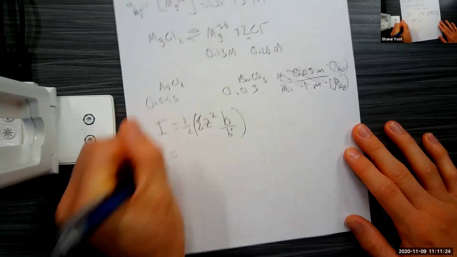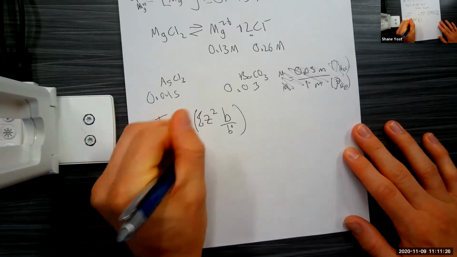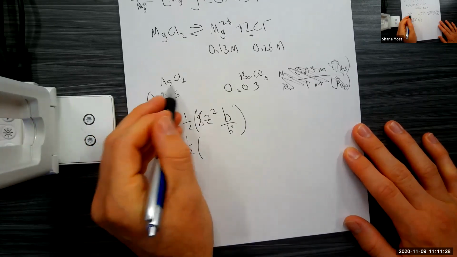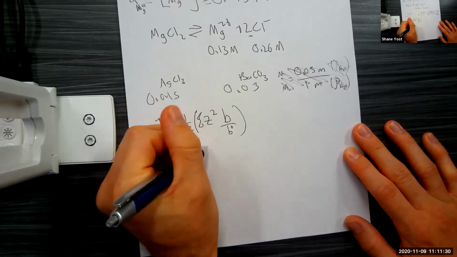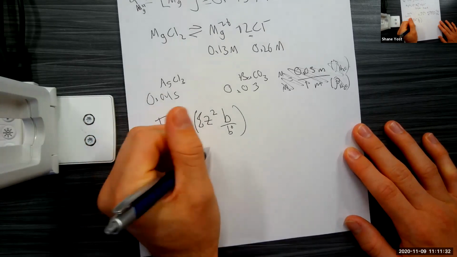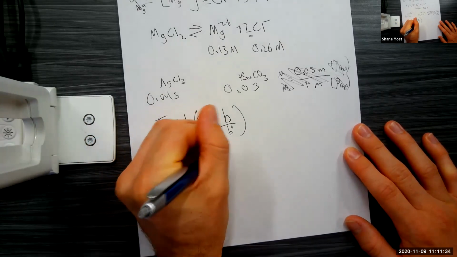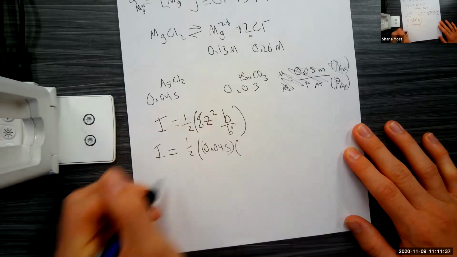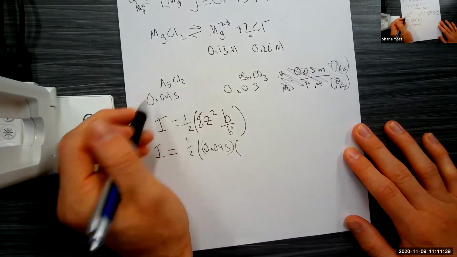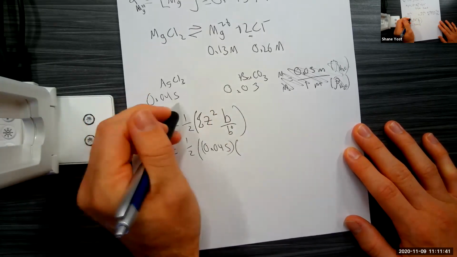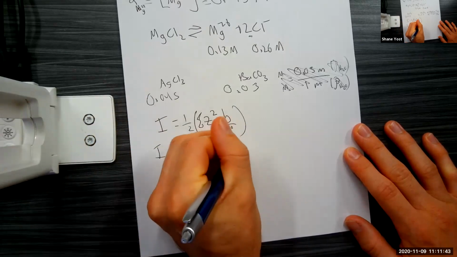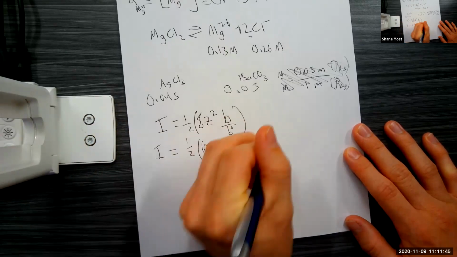And so for our problem here, it's one half, and let's start with AgCl3. I like to do it like this. So I'd have 0.045 times, for Ag, a charge of 3 plus, but its concentration is just the 0.045, so it's 9 times 1 plus.